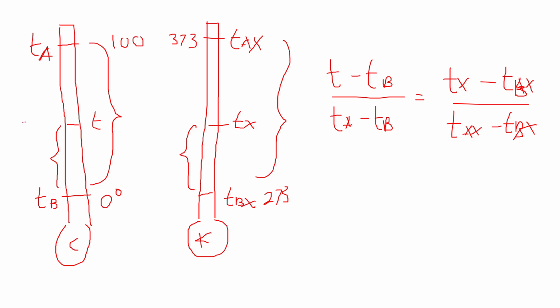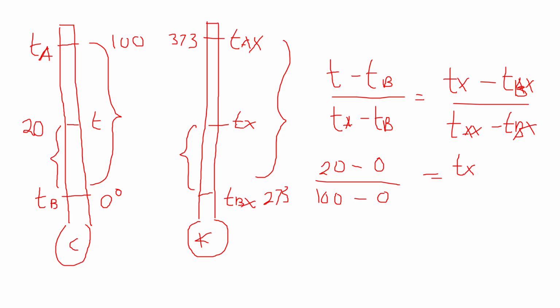When this is 20 Celsius, how much is this? Well, we know it's basically 20 plus 273, but let's say we don't know that. Let's use this formula. We know T, that's 20, minus TB, which is 0, divided by 100, which is TA minus TB, which is 0. This is equal to TX, the one we're looking for.